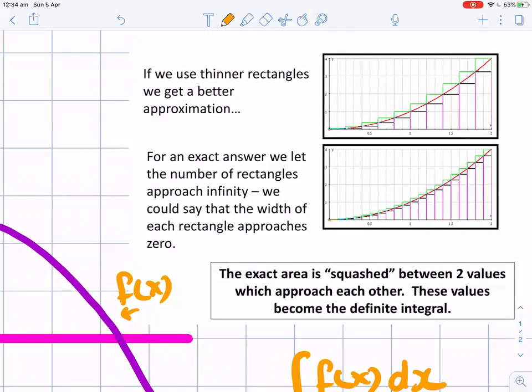So y is the height of each rectangle, and the width is dx. The width is very thin, nearly approaching zero. Imagine very, very thin rectangles.